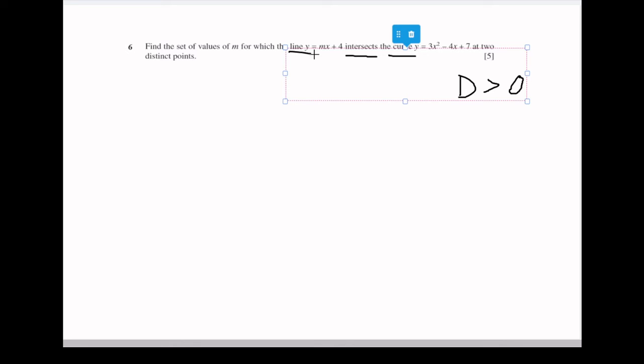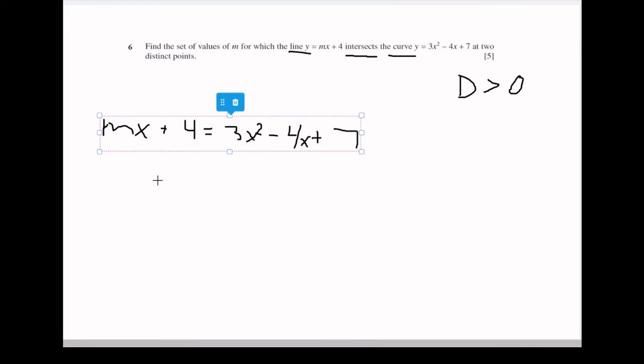We're just going to set our y's equal to each other. So this is mx plus 4, which is equal to 3x squared minus 4x plus 7. And we're going to get them all to one side, keeping the a in front of our x squared as a positive number because it's just generally easier to work with.